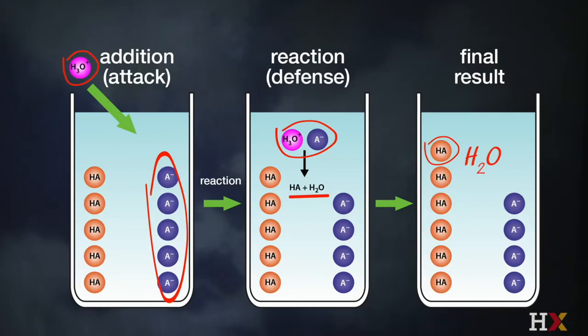Well, the water molecule disappears into oblivion because there's so much more water in the mixture that we lose track of that. But we know that we produced one molecule of water for every reaction of that acid with the anion, the conjugate base.